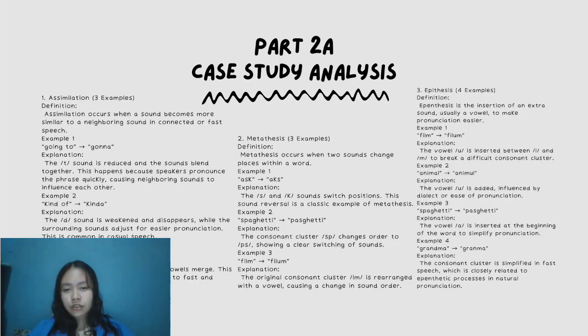Grandma becomes a simplified form, showing simplification in fast or excited speech. These examples fit epenthesis because additional sounds are inserted to simplify difficult consonant clusters. This explanation is based on McMahon's discussion of epenthesis and phonological variation.